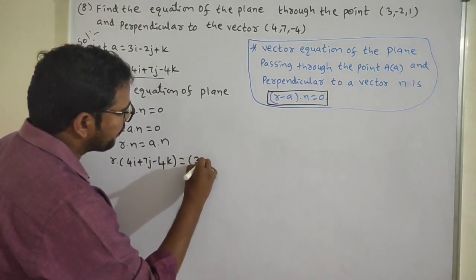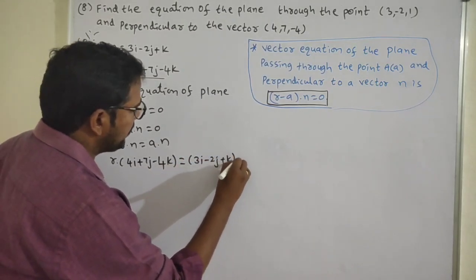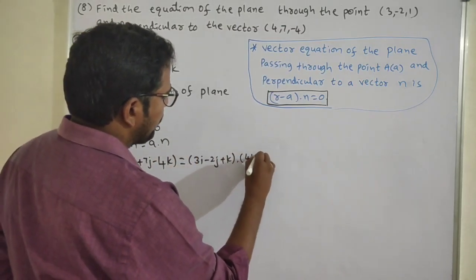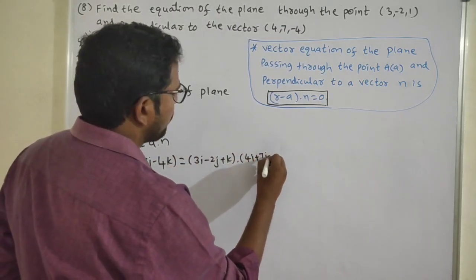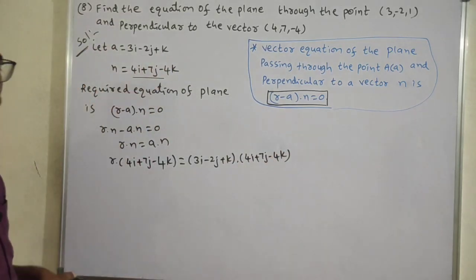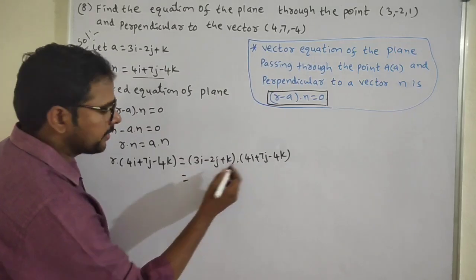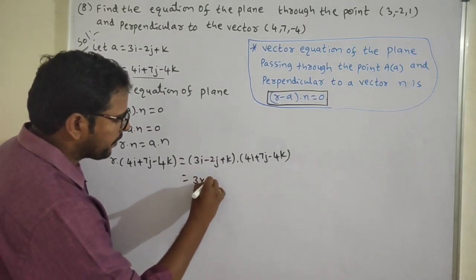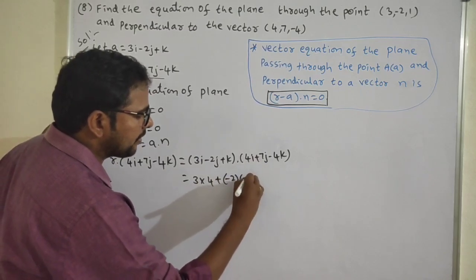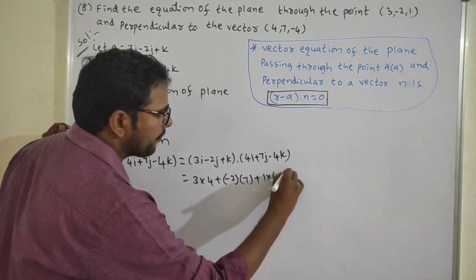3i minus 2j plus k dot the n value, 4i plus 7j minus 4k. Here do the dot product: I coefficient into I coefficient, 3 into 4, plus J coefficient minus 2 into 7, plus K coefficient 1 into minus 4.